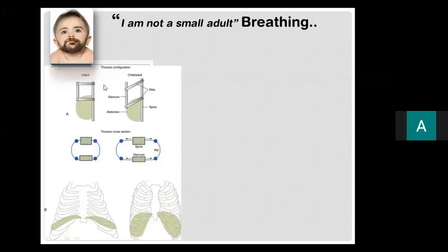In a child, it's already horizontal. So they can only push outward a little, and then the other space is abdominal contents or the diaphragm to push downwards. That's the only space it's going to create. This movement depends on the abdomen being able to distend, or the diaphragm being able to push down on the intra-abdominal contents.